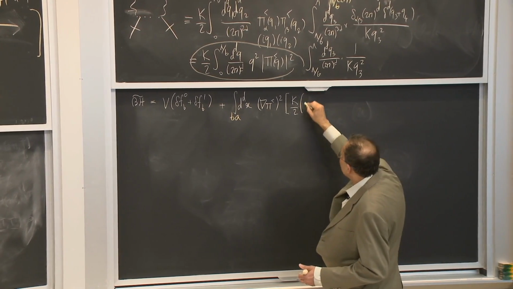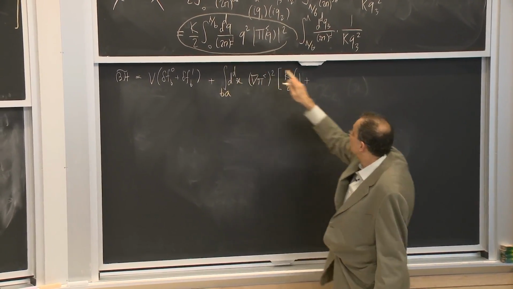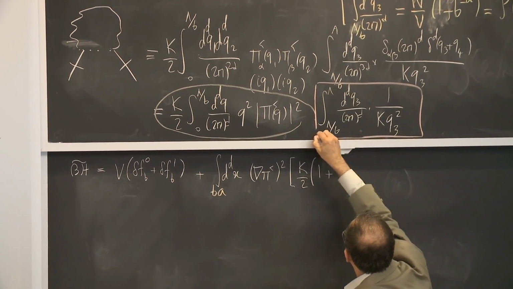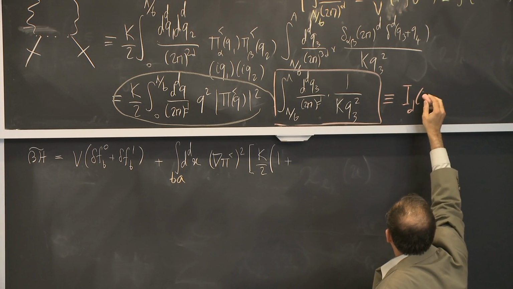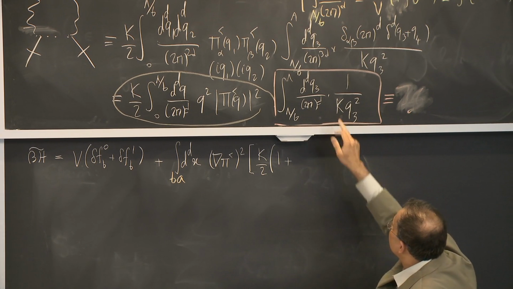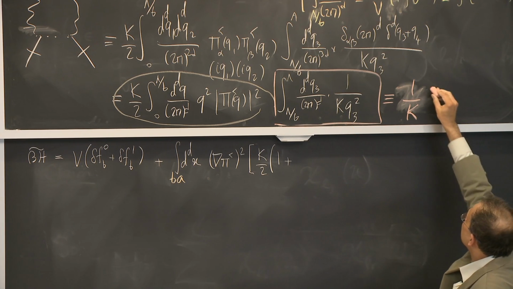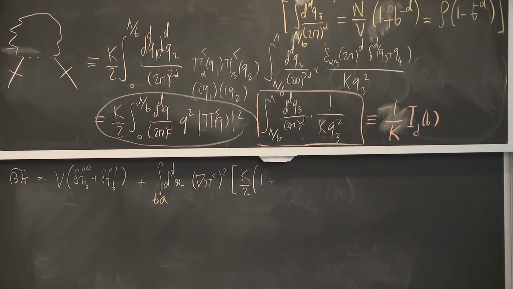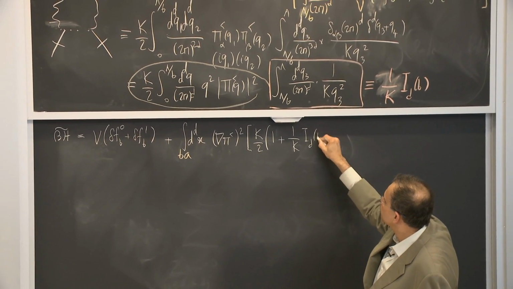So in addition to what I had before, I have this correction, k over 2 times this integral, and I'm going to call the result of this integral I sub d. See that this integral is proportional to 1 over k. And then the integration, let's call the result of the integration I_d of t, because it depends on both the dimension of integration as well as the factor b through here. So I have 1 over k I_d of t.